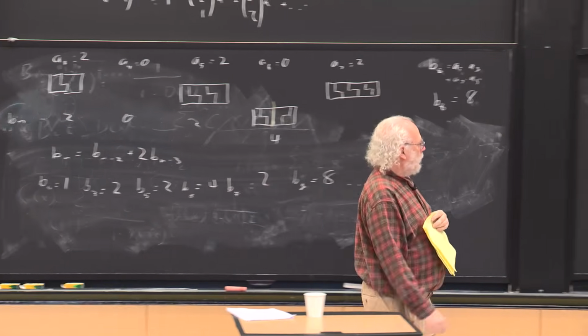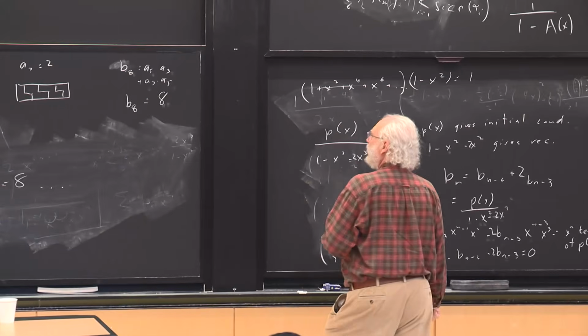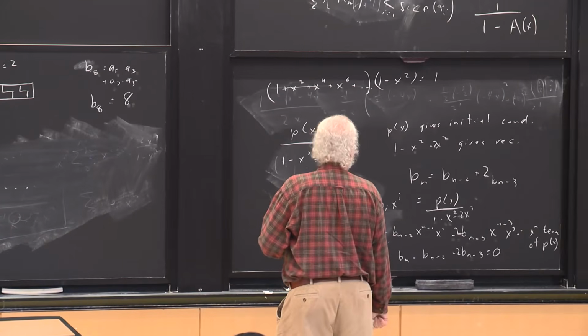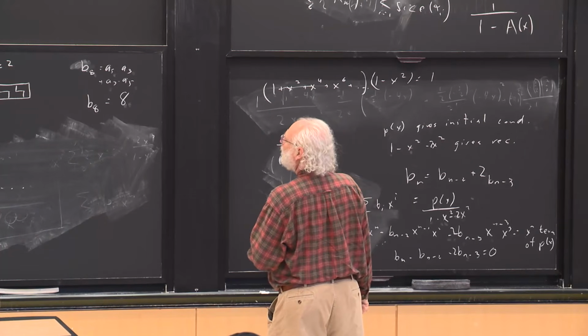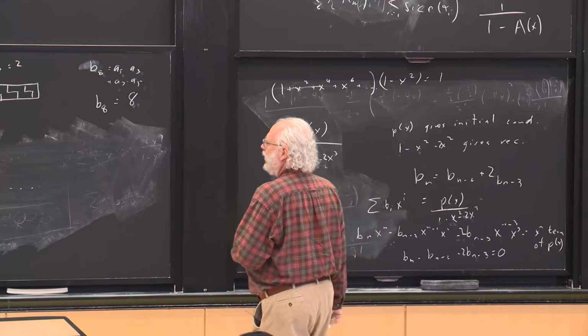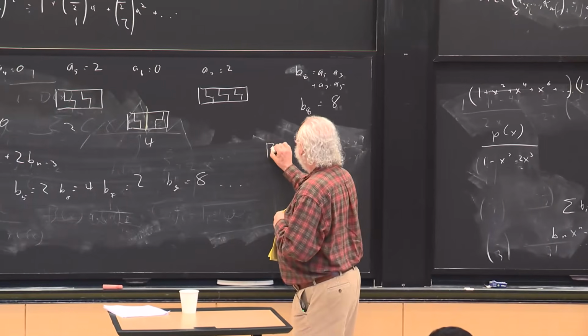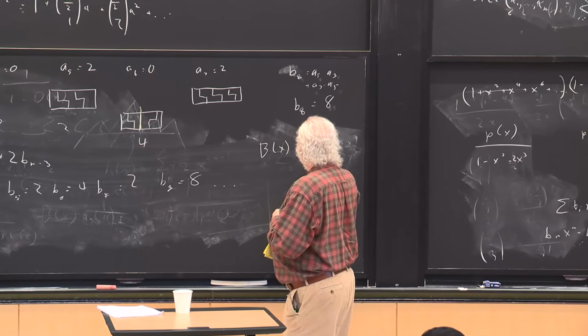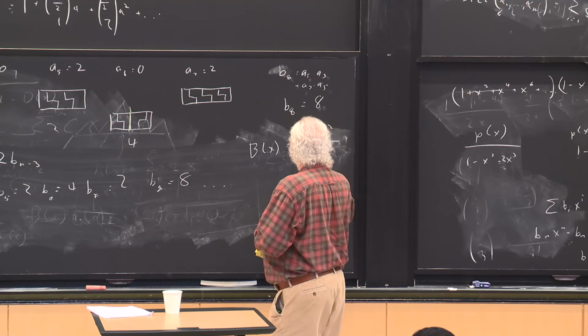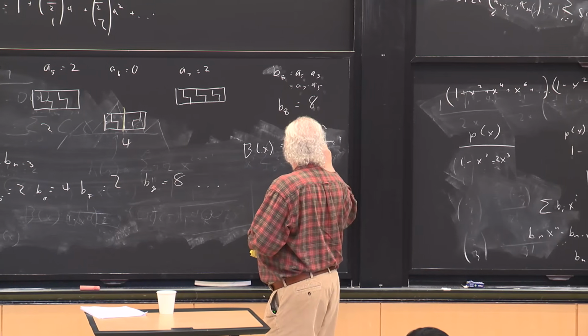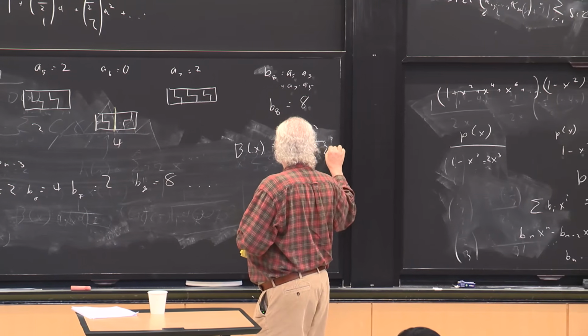but that is because we had b of x equals 1 minus x squared over 1 minus x squared minus 2x cubed.